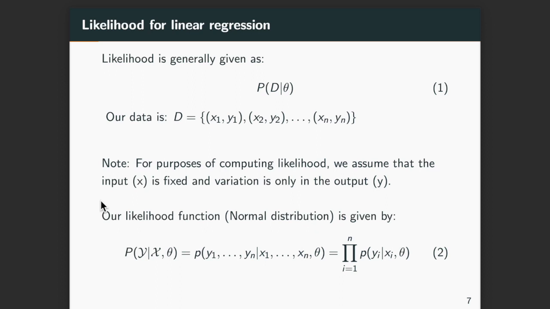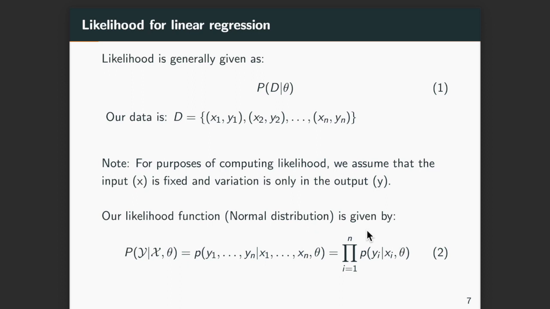Which we can then nicely factorize as P of y1 to yn given x1 through xn comma theta. This is just writing them out in the vectorial sense. Now, how do we get this particular term, which is the product of P of yi given xi comma theta? IID assumption again. Does knowing x2 help you know y1? There is no relationship.